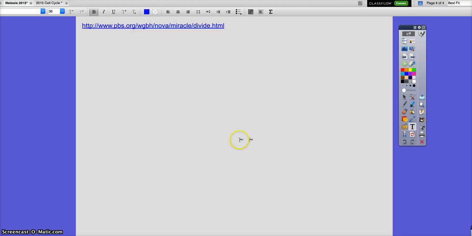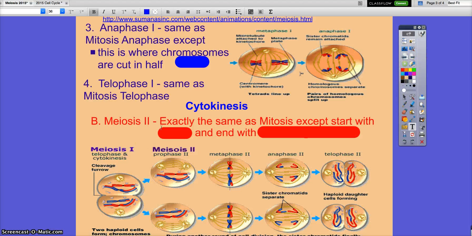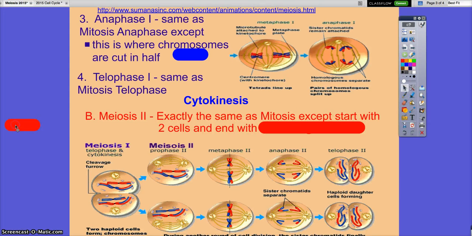And then you start with 2 cells, and you end with what? 4. So if you look here, here's my 2 cells that resulted from meiosis 1, and they're going to go through the exact same thing that mitosis does.